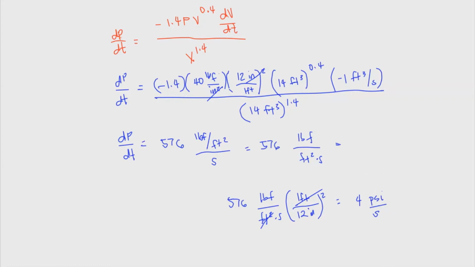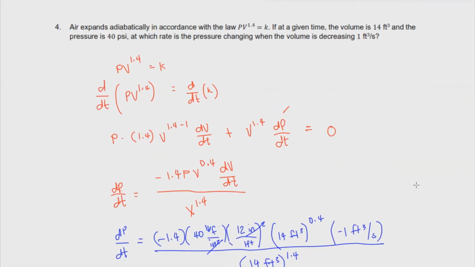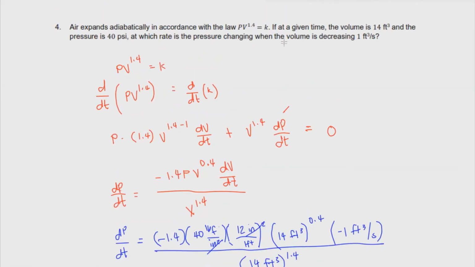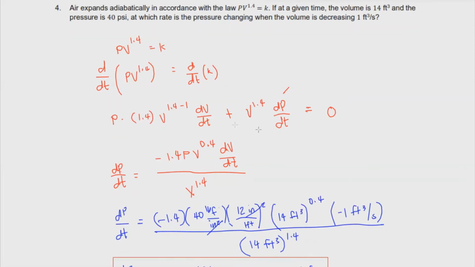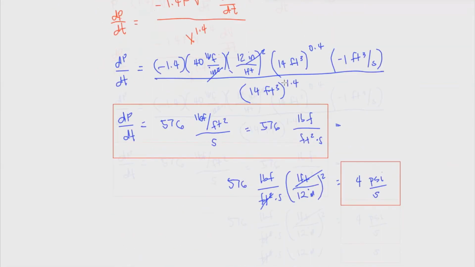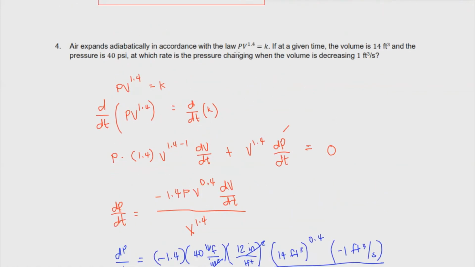Okay, so this is how we solve for that kind of problem. So these are the answers that you can write. They are just all the same. Okay, so the rate of change of our pressure is 576. So basically, we have a decrease in volume, but based on this expression, we could tell that the rate of change of pressure is still positive.